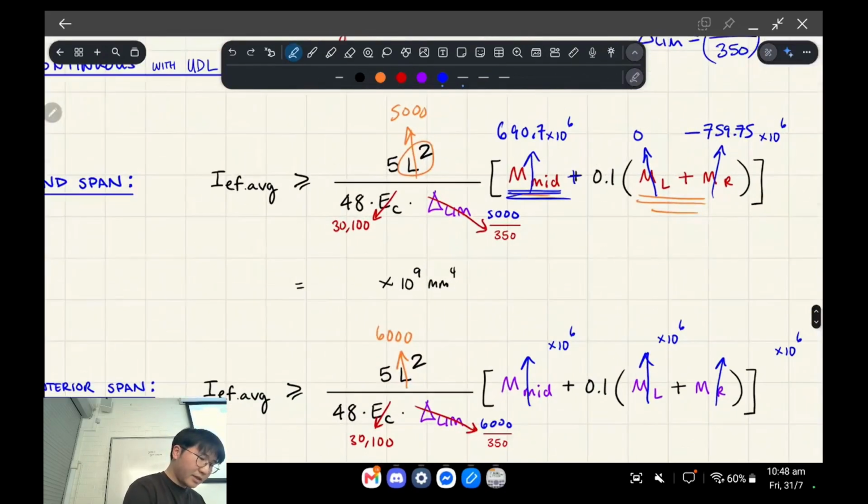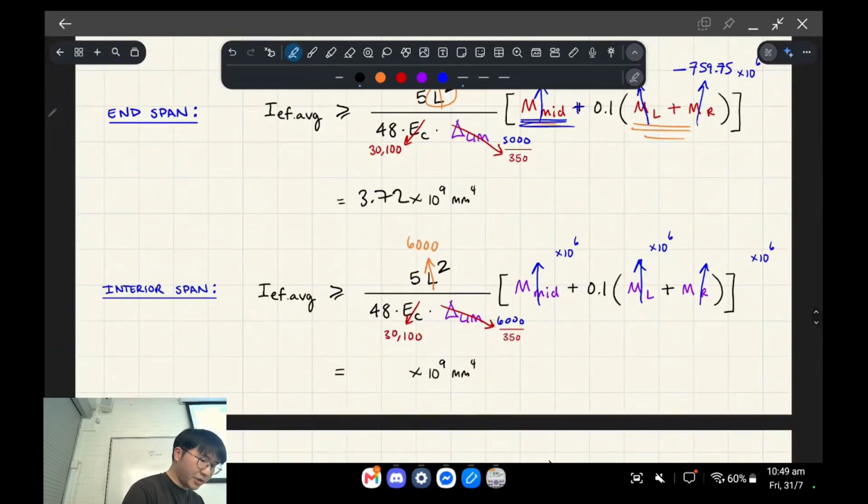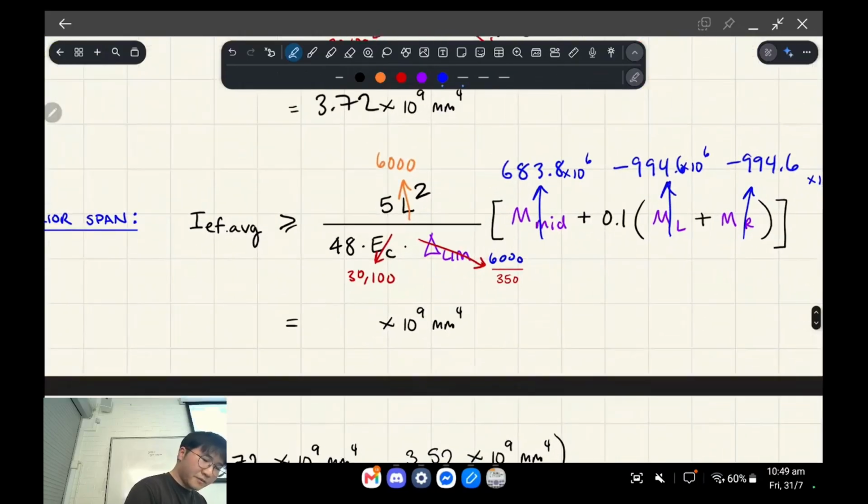And that gives us IEF average in both cases. I'll just plug in the rest of the numbers. These two are the same, so you can also do this multiplied by 0.2 if you want instead.